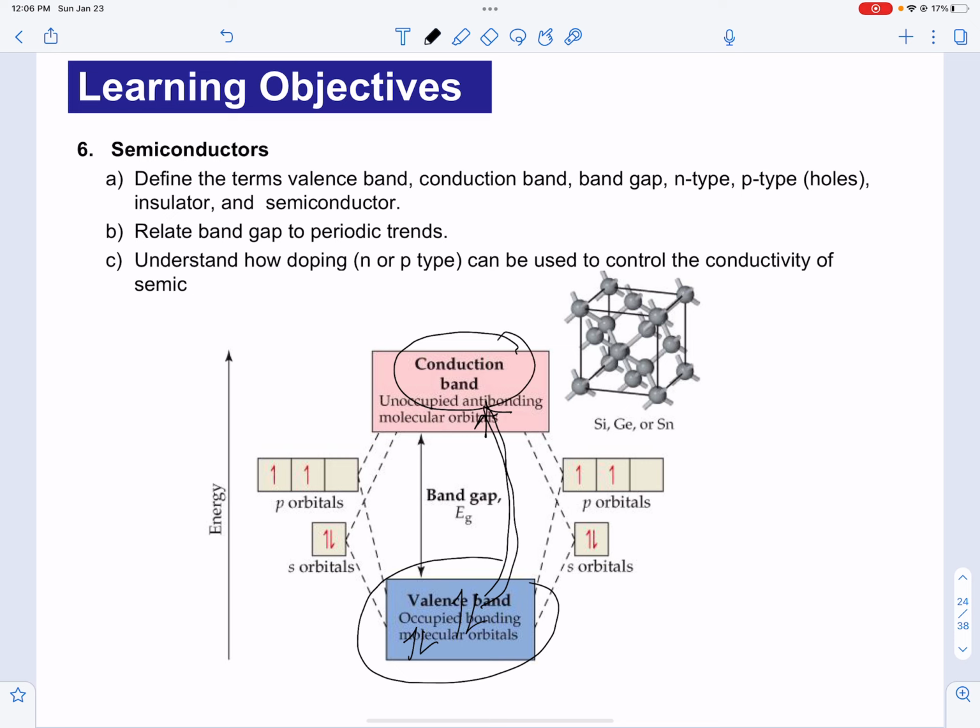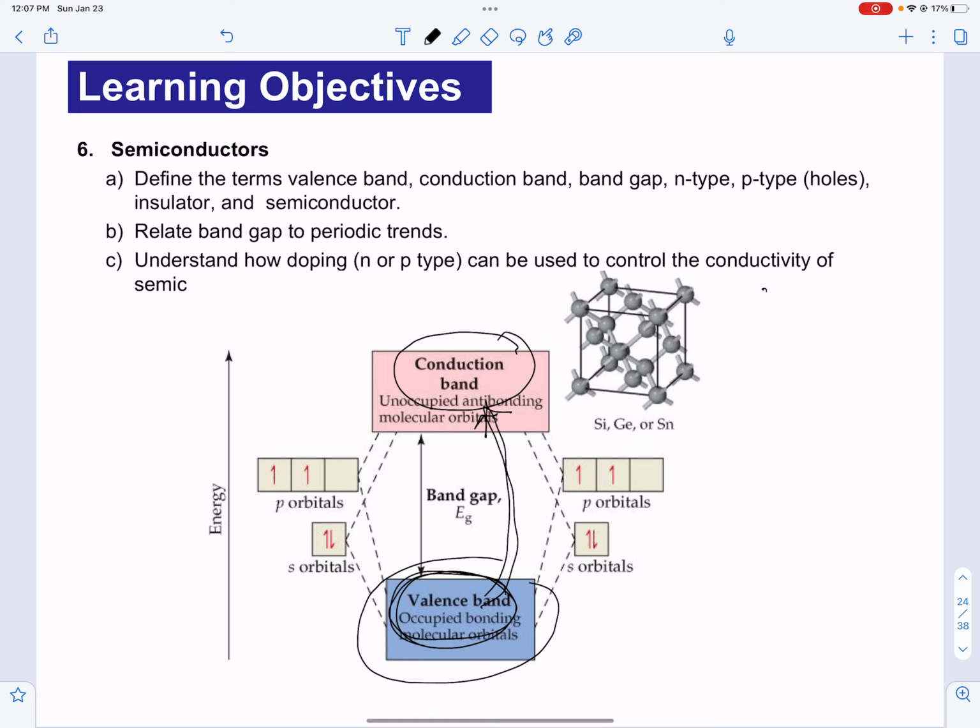So we call this the conduction band. We call this one the valence band because that's where you put all the valence electrons. So if the electrons from the valence band have enough energy to jump into the conduction band, there you are, a conductor. You are conducting electricity.